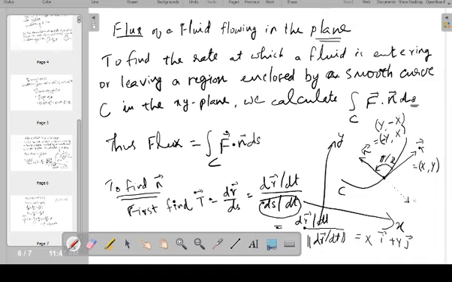And this vector is precisely (minus y, x). And I have to consider not this vector, I have to consider this vector. Let us just check it for a moment.